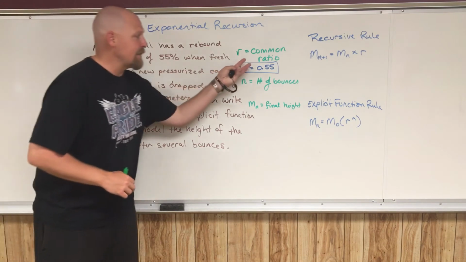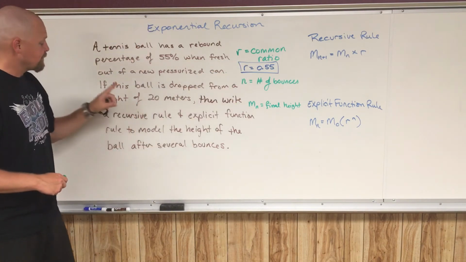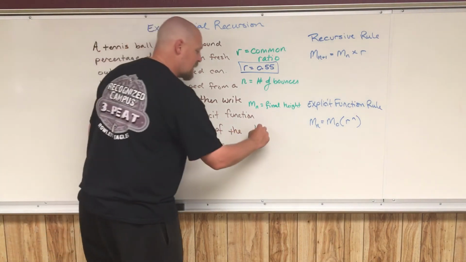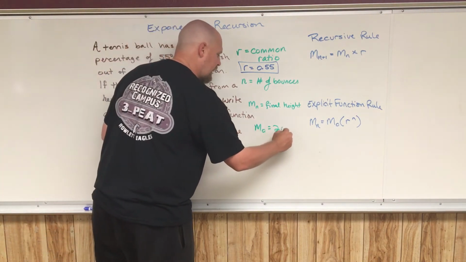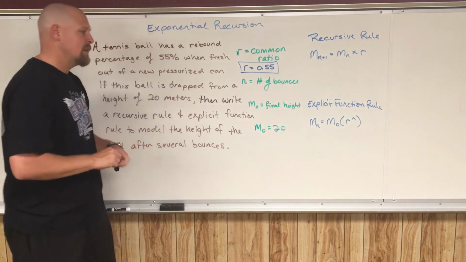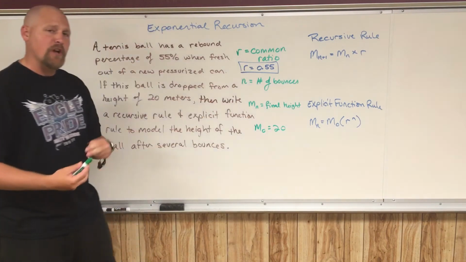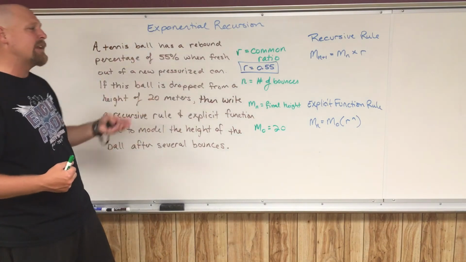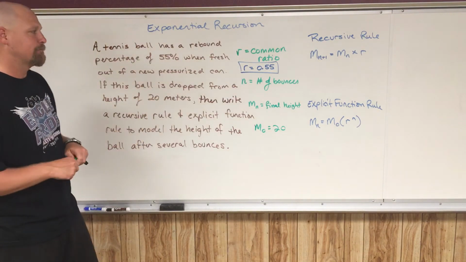Once I identify the common ratio and my initial value of 20, that means m sub 0 is 20 meters. Once I've identified those couple of things, I can then write both the recursive rule and the explicit function rule.